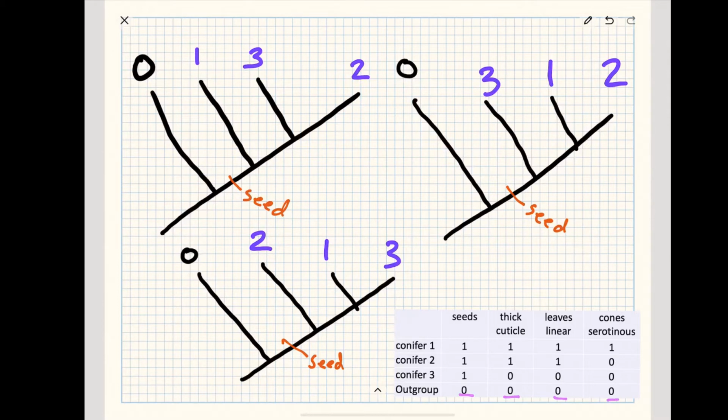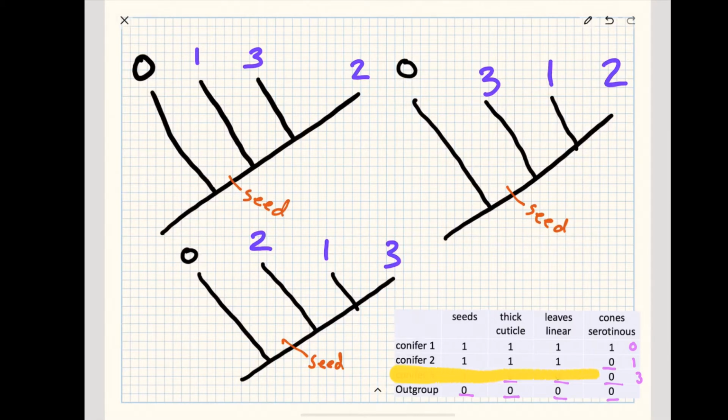A trick to this. We don't really need to map every single trait onto every single possible cladogram. We can just compare the conifers to the outgroup, and we need to see which one has the most in common with the outgroup. That's going to be the one that is most likely to have evolved first, and in this case, it's conifer number 3. It has 3 similar features with the outgroup.